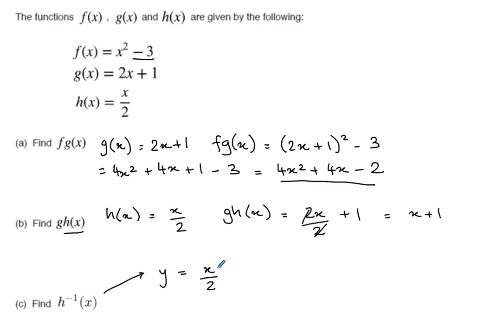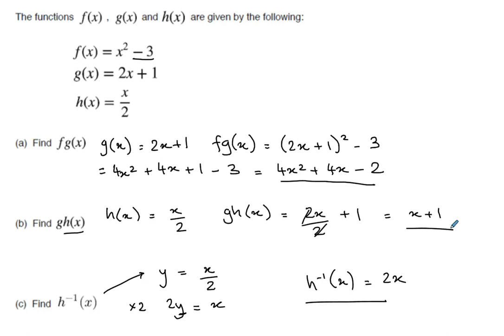So what was done to the x? It was divided by 2. So now we just multiply by 2. So we have 2y equals x. Now wherever the y is, we just put the x back in. So h minus 1 of x equals 2x. As easy as that. Okay, good.